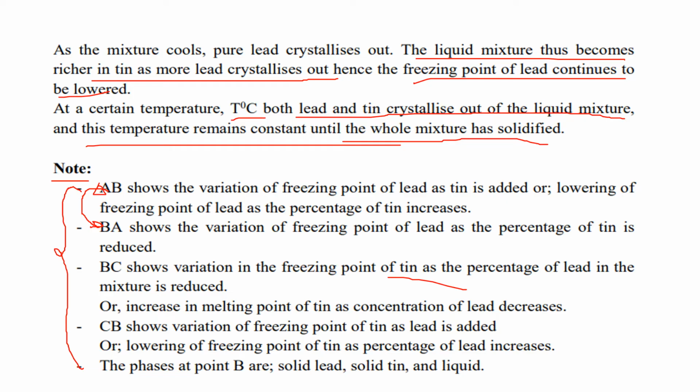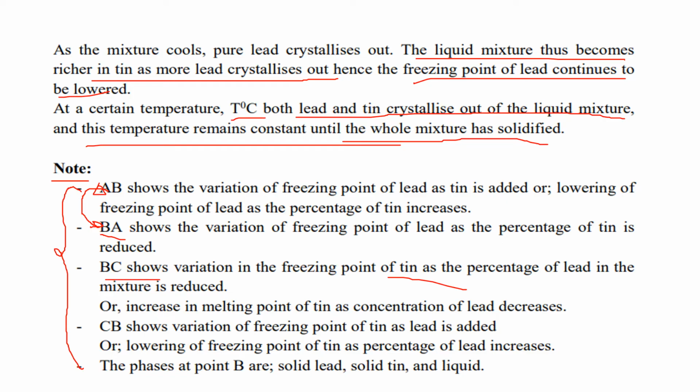So in terms of BA, you look at where B is coming and A is going. It will be in terms of freezing point of lead as tin is being added, or lowering freezing point of lead. So we are saying curve BC.